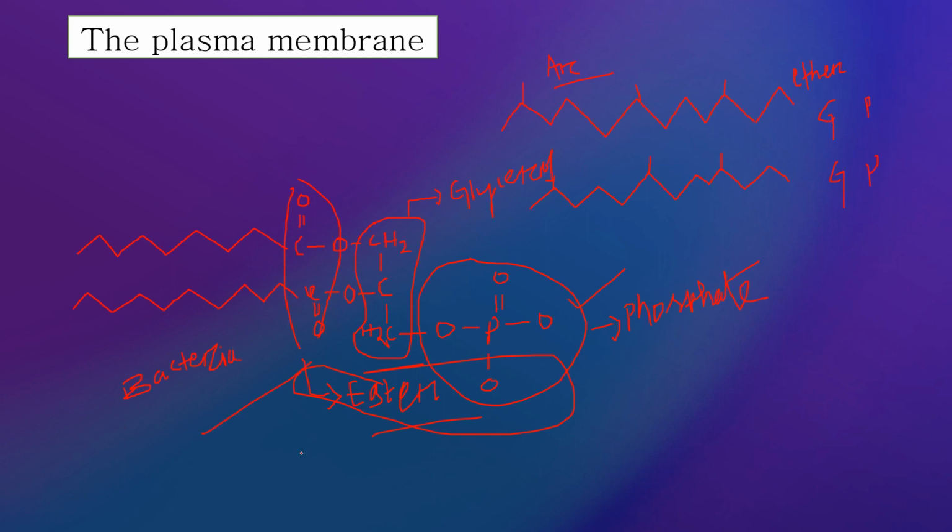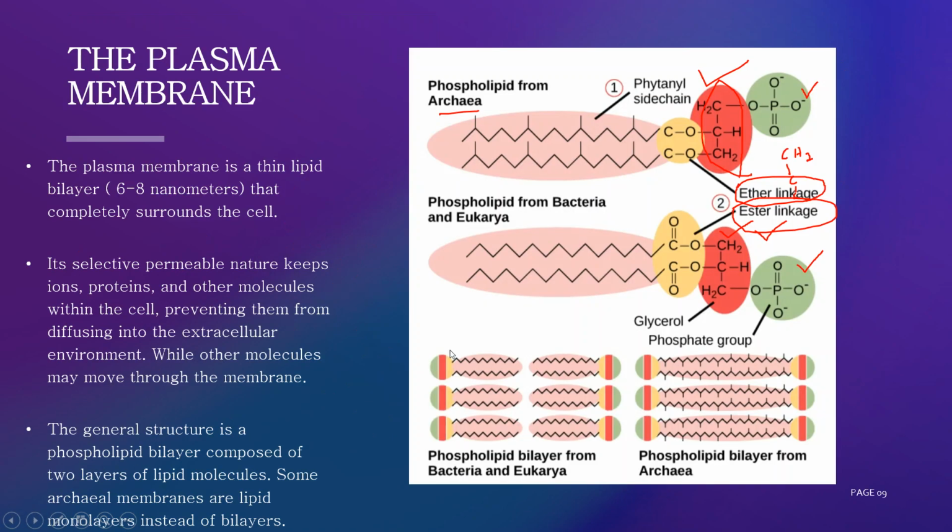Got it? Then see, this is a phospholipid bilayer from bacteria. In bacteria, ester linkage is present, and in archaea, ether linkage is present. Got it?